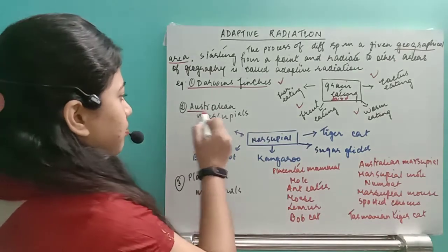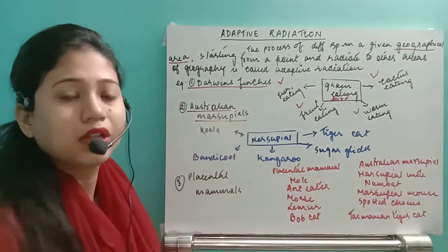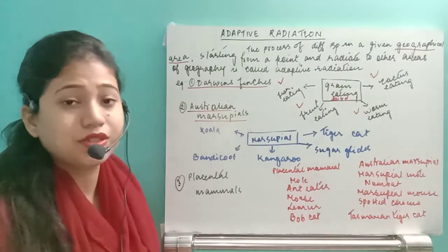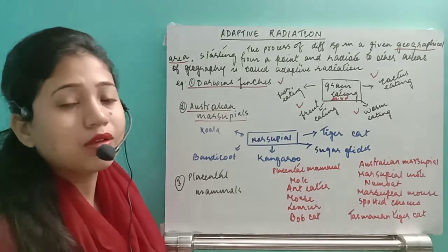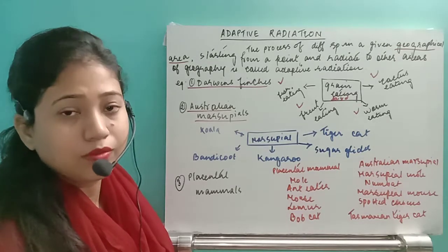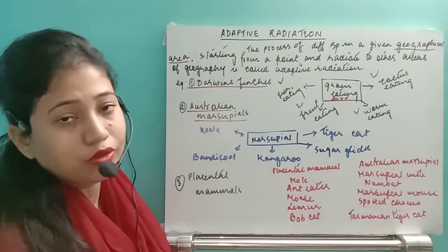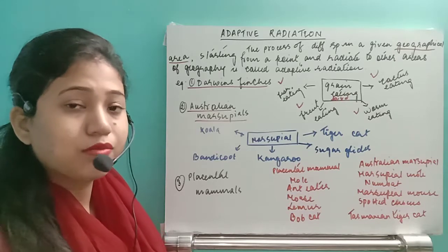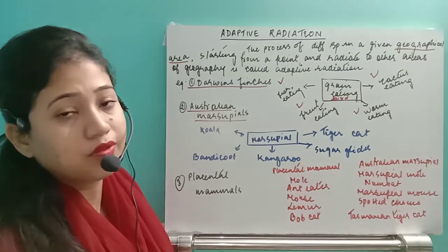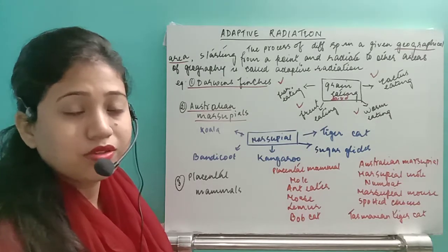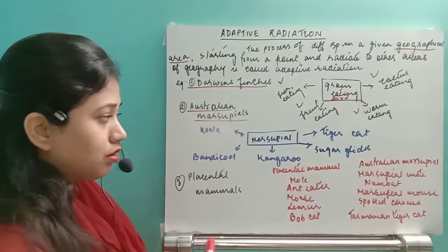Now the next example is the Australian marsupial. In Australia, which is separated from the mainland, one typical type of mammal, the marsupial mammal, arose. From the primitive marsupial mammal, we can see in Australia there are more than hundreds of varieties of marsupials available.